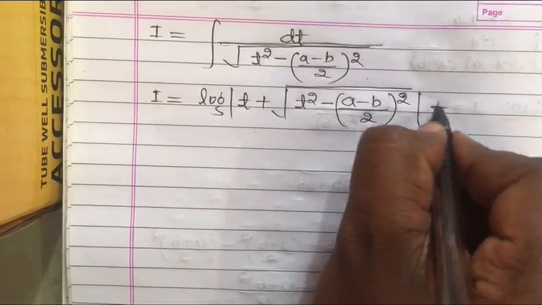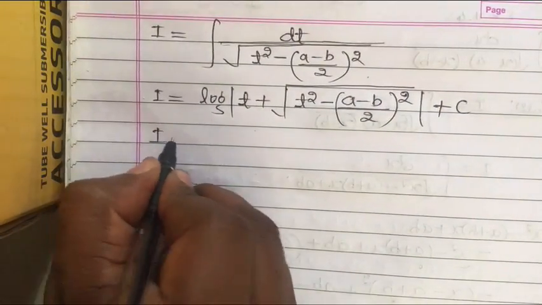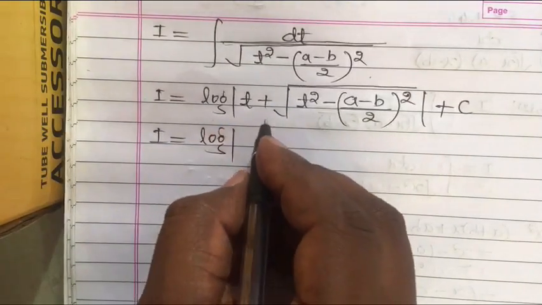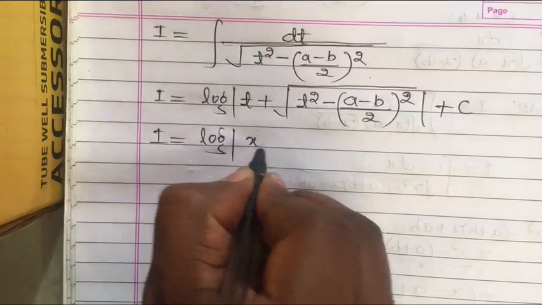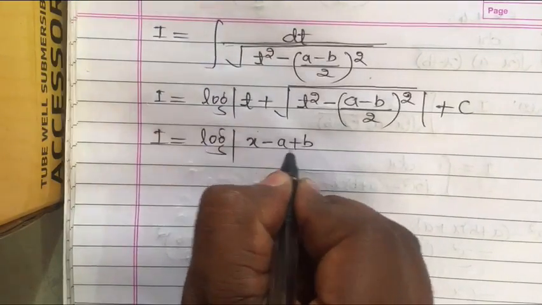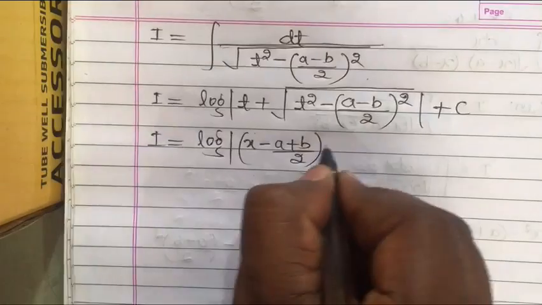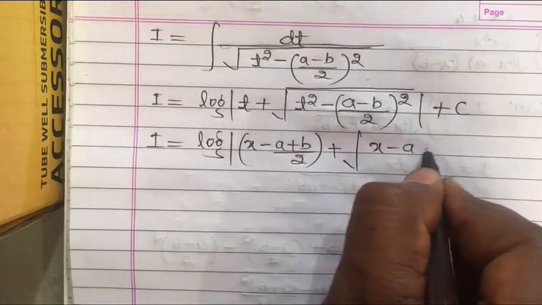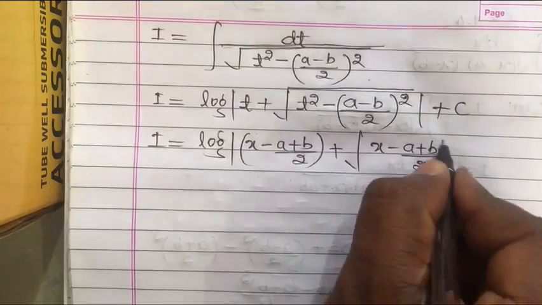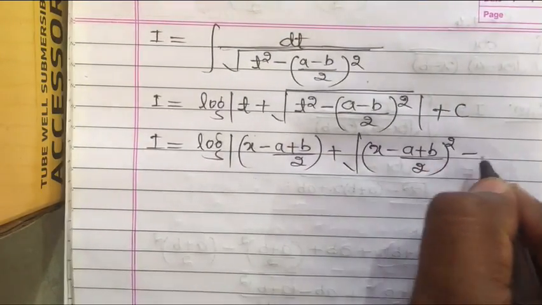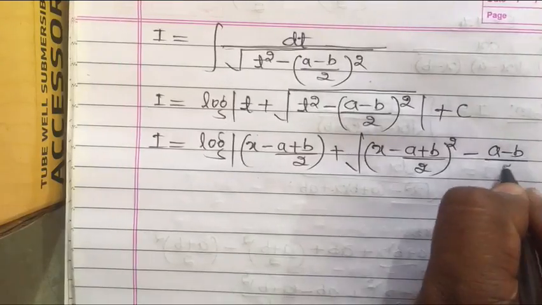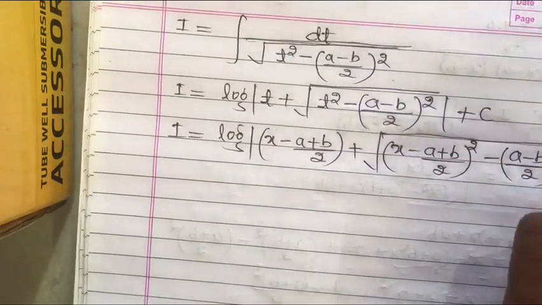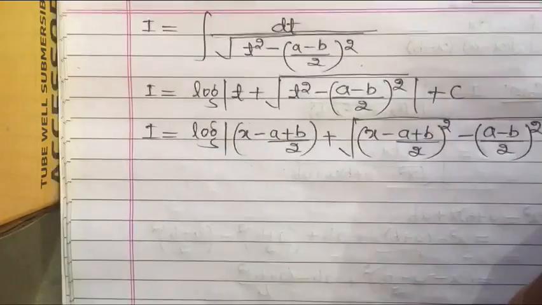Mod complete plus c. So I is equal to log. What is t here? T is nothing but x minus (a plus b) by 2, plus here the square root of t square, that is (x minus (a plus b) by 2) the whole square minus (a minus b by 2) the whole square. So mod complete plus c.